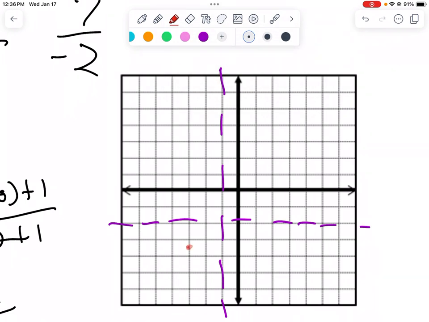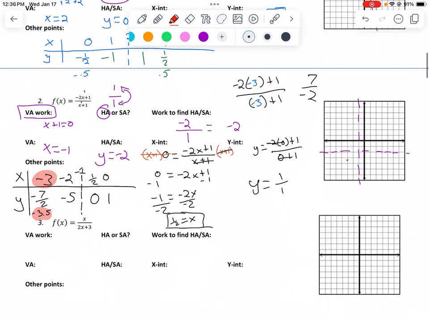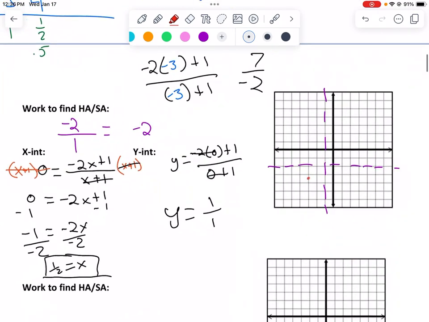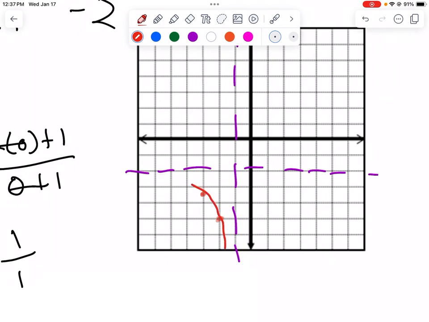Yeah, it would be about there, right? Negative 3 and negative 3.5. And then negative 2, negative 5. So if I go left 2, down 5, 1, 2, 3, 4, 5, that would be about there. And that's going to make this shape. You're going to see it follows the curve of our asymptotes.